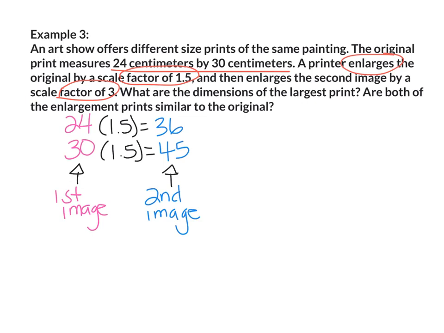Now I'm going to multiply each of those by 3. So 36 times 3 will give me 108. And then 45 times 3 will give me 135. And these are my dimensions for my third image.